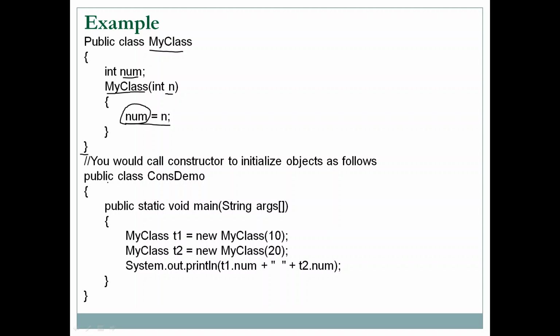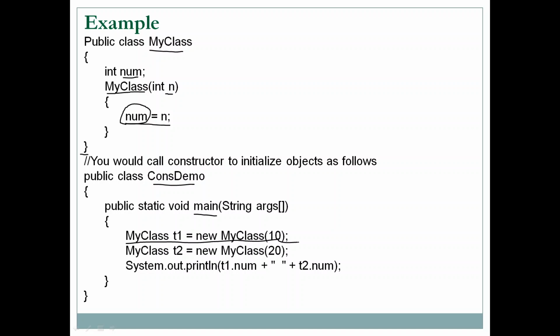Then we have one more class, ConstructorDemo, which contains the main method. This is the main class, and from here we call the constructor by creating an object. We saw in the earlier session that an object can be created in two steps, declaration and then instantiation, but an object can also be created in a single step. Both steps are combined here.